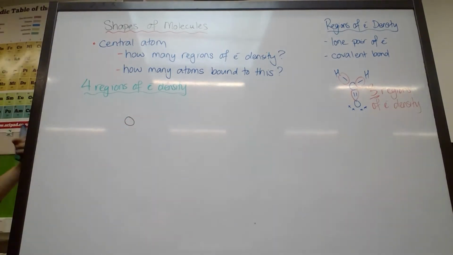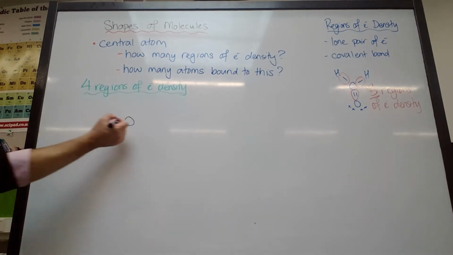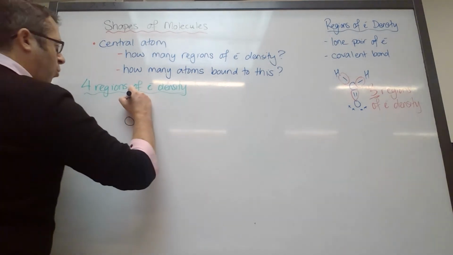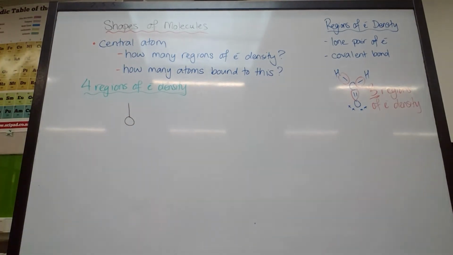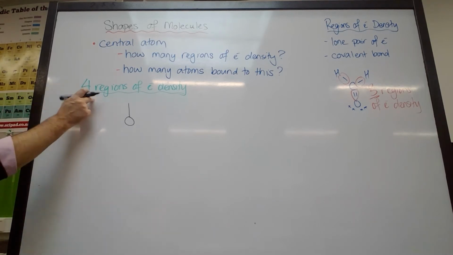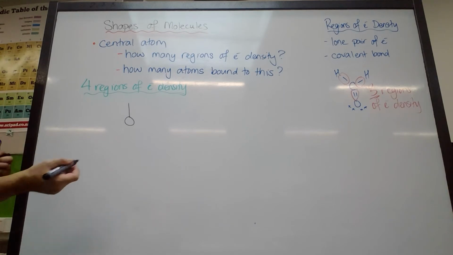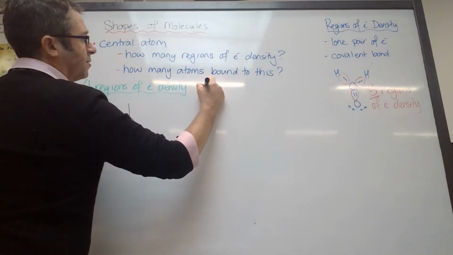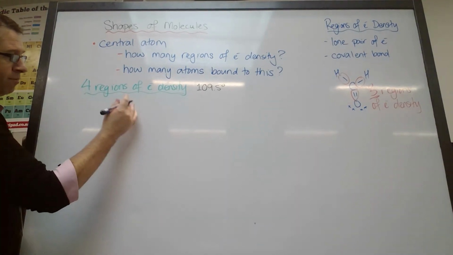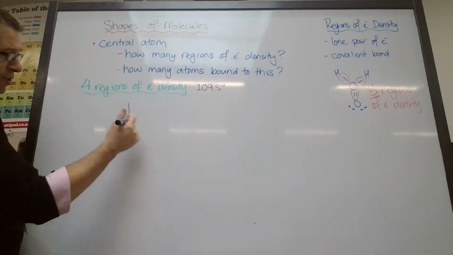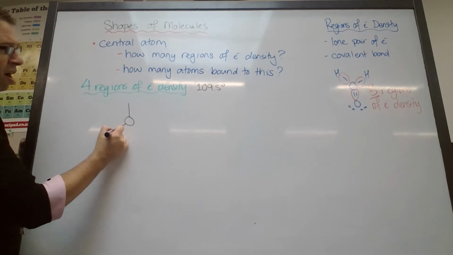To show this in three dimensions, we have one region of electron density that goes straight up. We have to estimate 109.5 degrees because that will be our bond angle for these. Whenever there's four regions of electron density, it's about 109.5 degrees. It doesn't matter if you get it slightly wrong, but if you go into thirds and then just go a little bit higher than that, you're right.